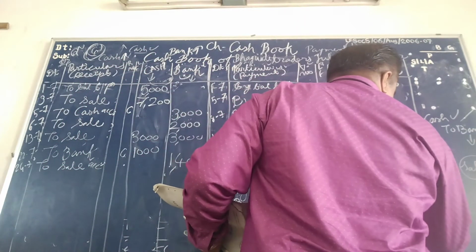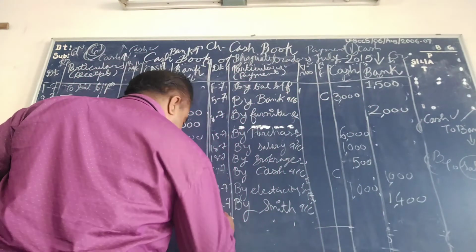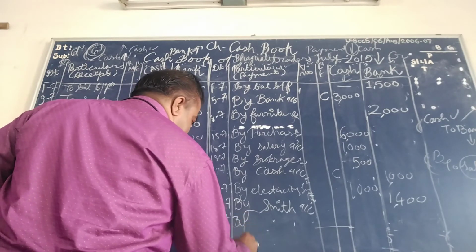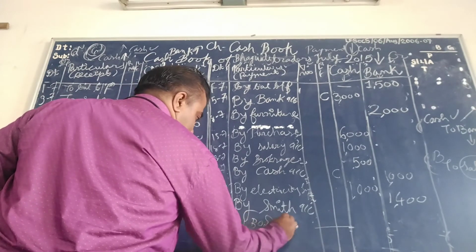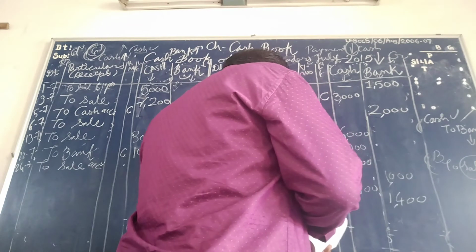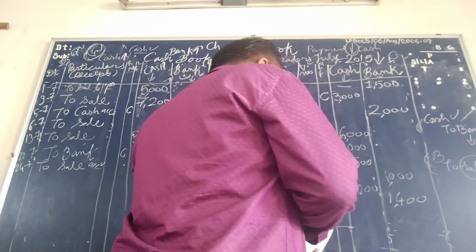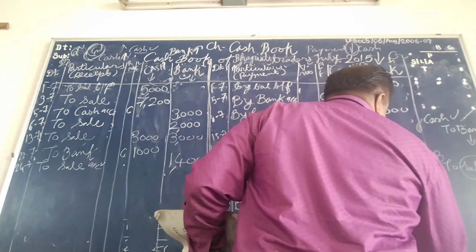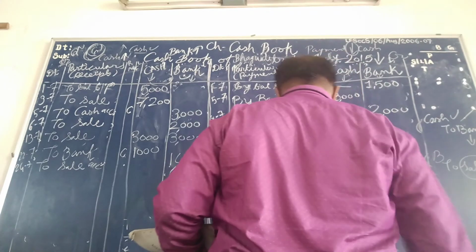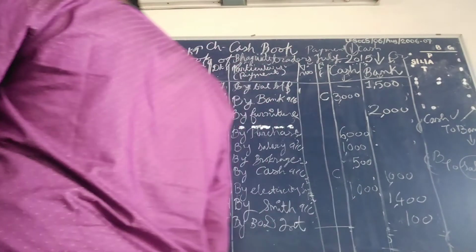So here we write 28th of July, by bank overdraft interest. Okay, it will affect our bank balance, hence it is a bank transaction, so we write it in the bank column itself. So all transactions are over.